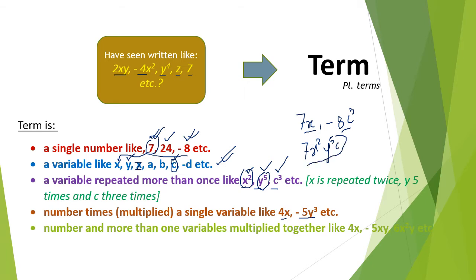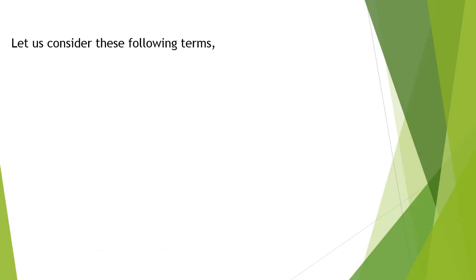Okay, I think you understood it. 7, x square, y to the power 5, and c is also a term. We can call them a term. So hope you understand what term or terms mean. Let's move forward. You can pause the video and note it down in your copy, and make the note properly. It is very important and very helpful also.